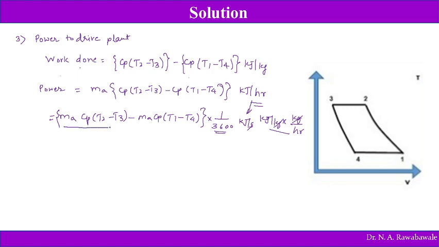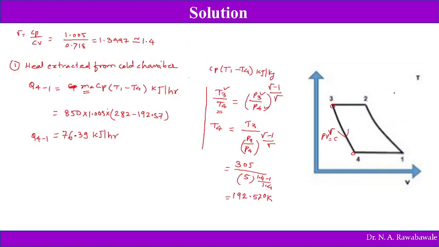Now this is nothing but the heat rejected, Q out or Q23, which we have already calculated, and the second term is Q in, that is Q4 to 1. These two things we have already determined.